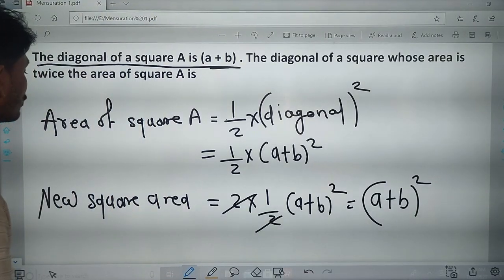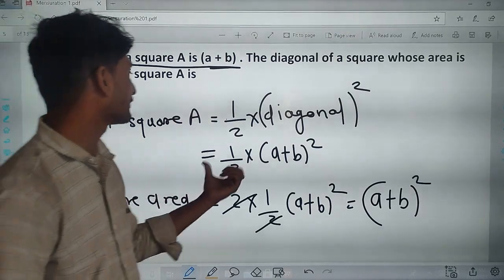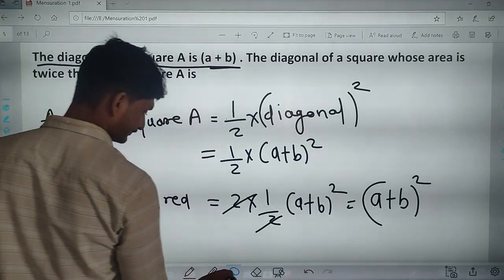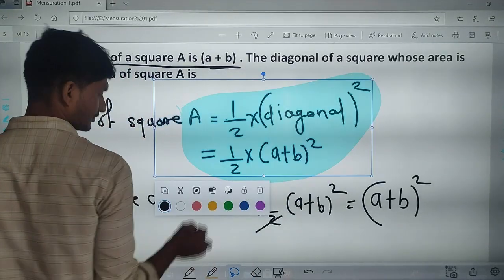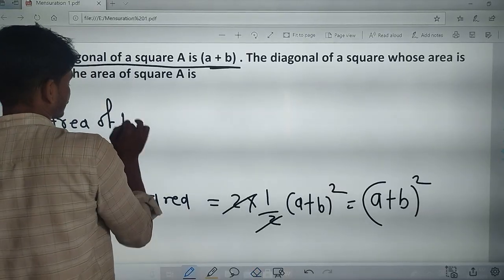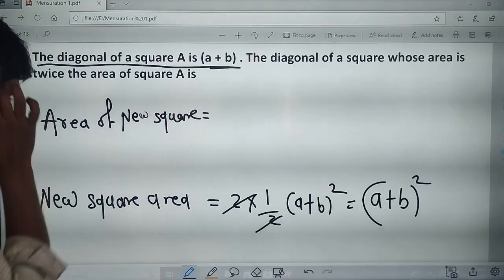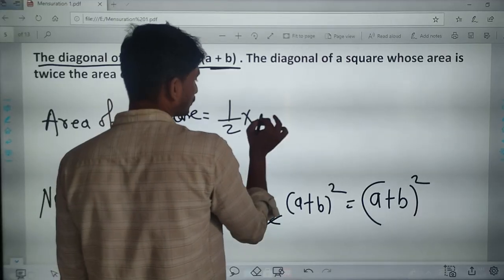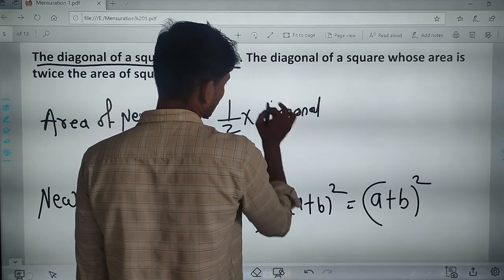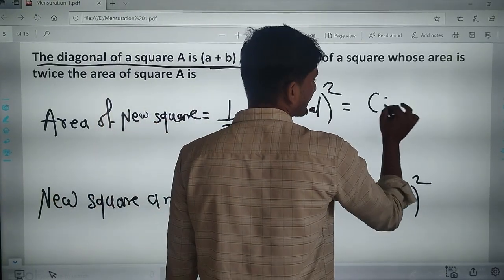Then find the diagonal of the new square. By the formula, the area of the new square is equal to half into diagonal squared, so the diagonal squared is 2 times (a plus b) squared.